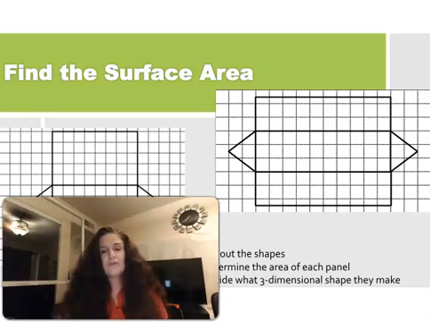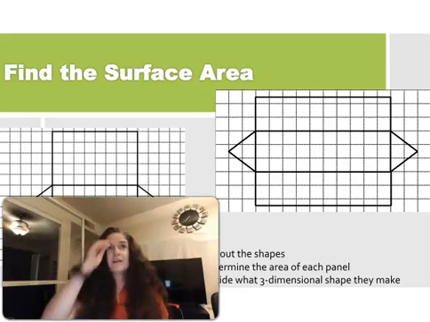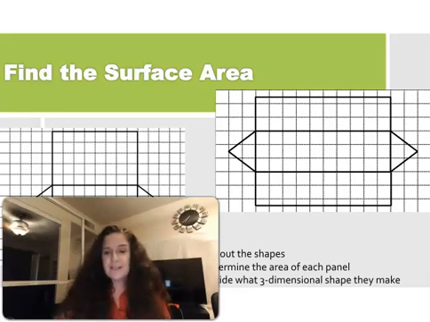And if you use it on grid paper, you can actually calculate the surface area of the net pretty easily. You find the area of this rectangle using your formula for the area of a rectangle, this rectangle and this rectangle, and then the two triangles. Again, you need to know the area formula for the triangles, but then you can just sum all of those and you'll get the answer. So we're going to investigate the different nets.